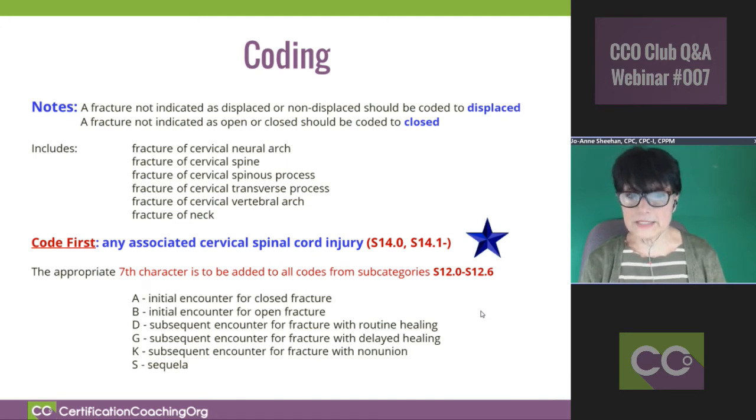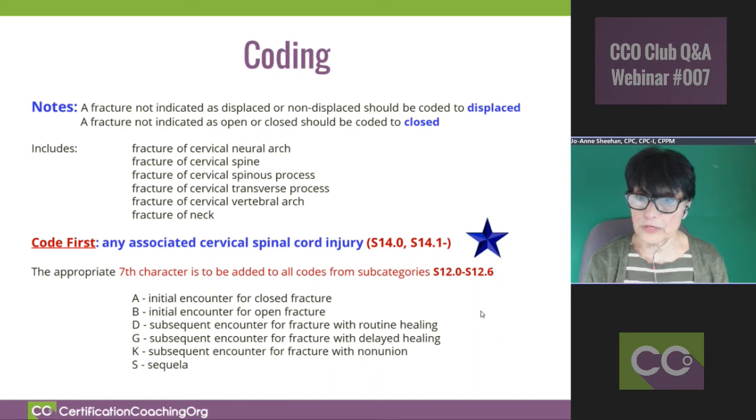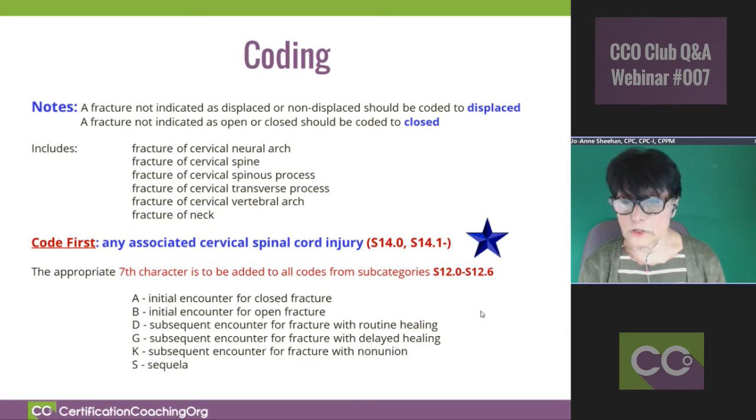And in this case, we will have 7 character spaces. We need to indicate the encounter. And for the fracture codes, you have A, B, D, G, K, and S, starting with the initial encounter for closed, initial encounter for open, which are not applicable, subsequent encounters for routine or delayed healing, not applicable, subsequent encounter for fracture with non-union, not applicable, and then we have sequela.